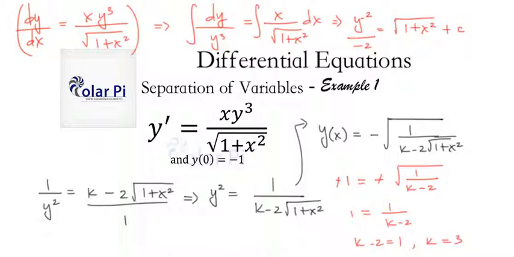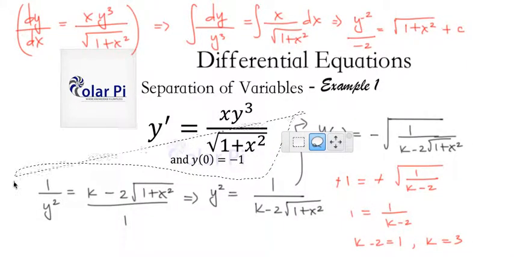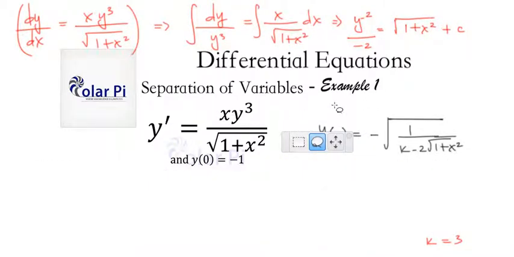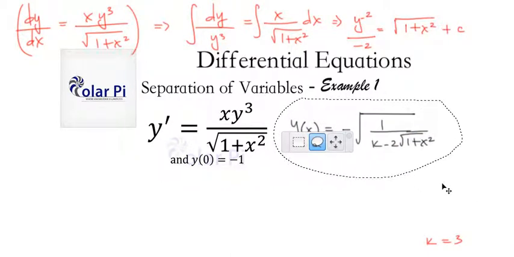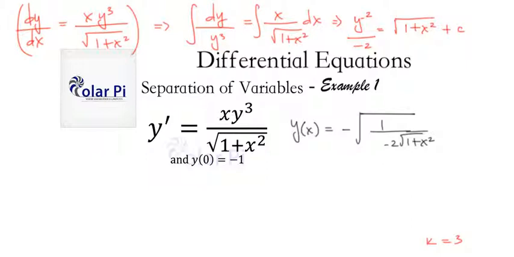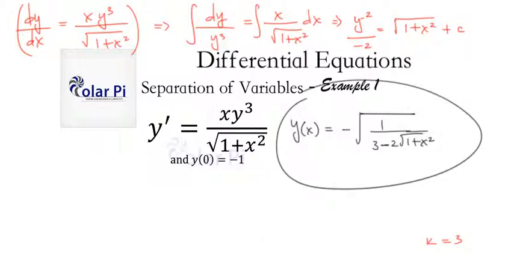And that gives us our particular solution, the solution to the differential equation we have been looking for all along: the same y of x right here, only k we now have determined is 3. So let's replace that k with a big fat 3, and then we are done, at least with this part. There it is. So this is our solution. Keep watching.